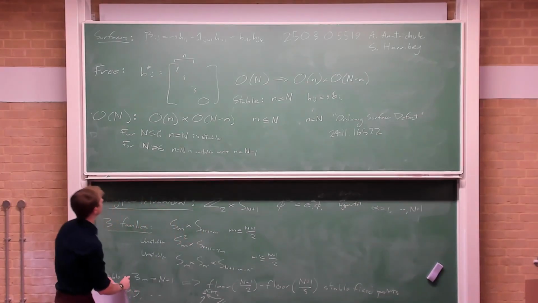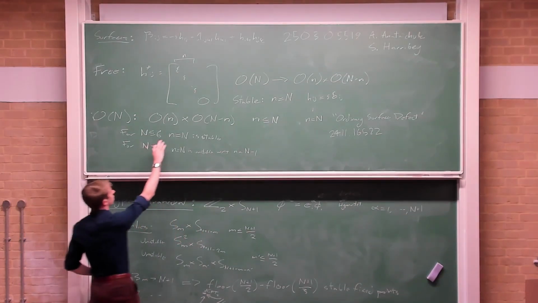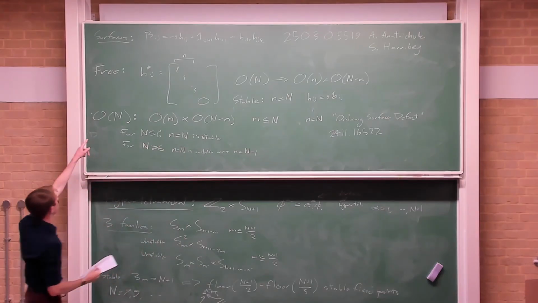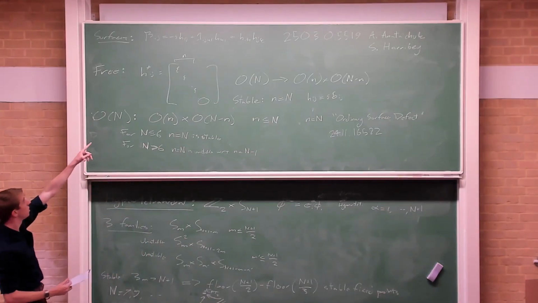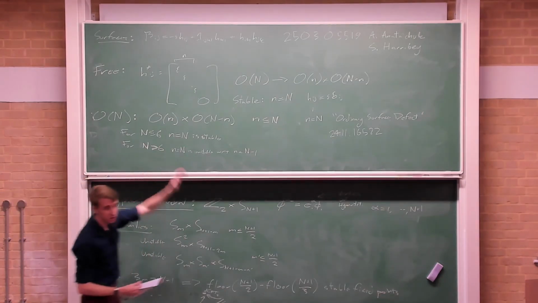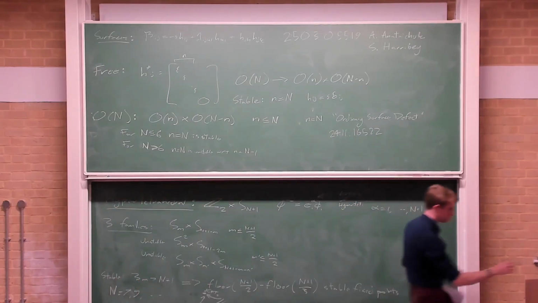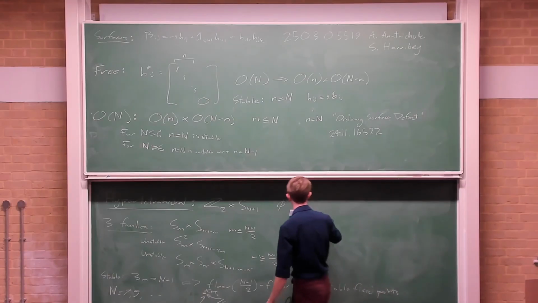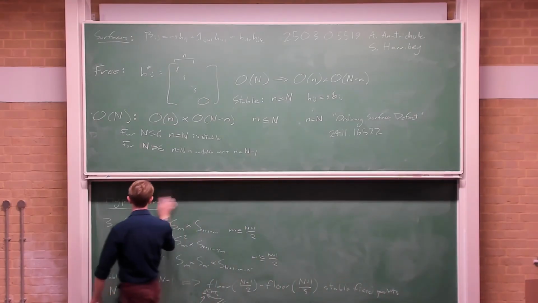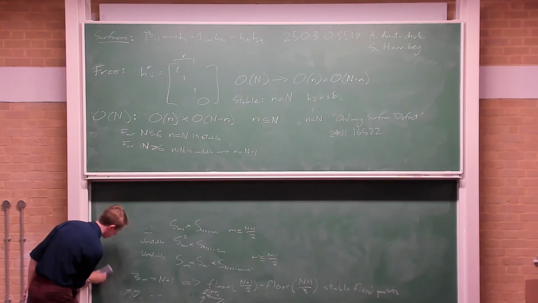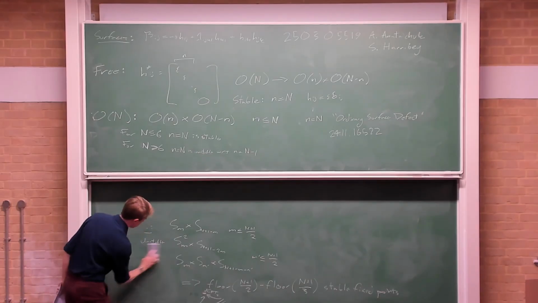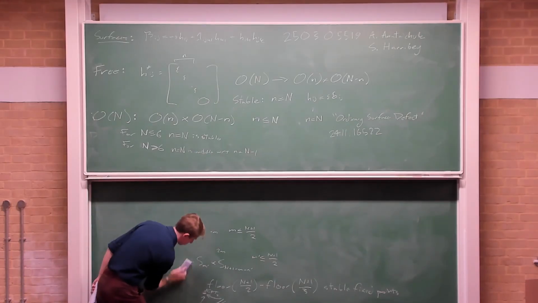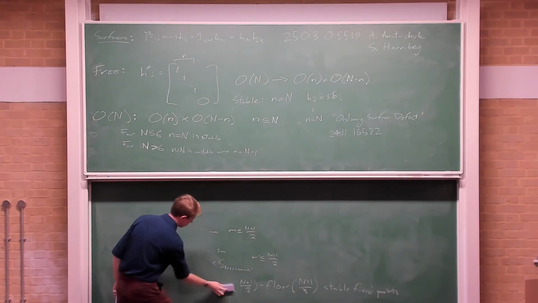Okay, now something that was used to get this classification was the fact that because there's O(N) symmetry, you can always diagonalize this matrix, and so you don't have to care about the off-diagonal terms. Now for the other bulks, this is no longer true, and in fact in general, you will get fixed points which have off-diagonal terms.